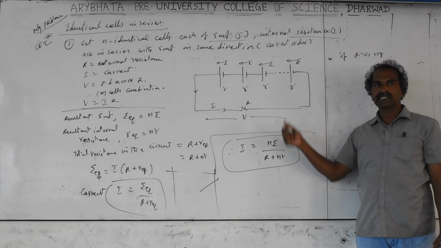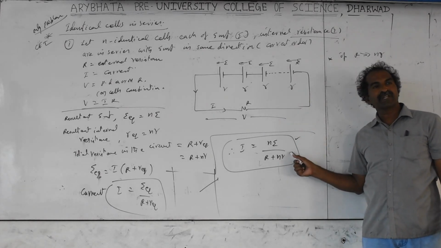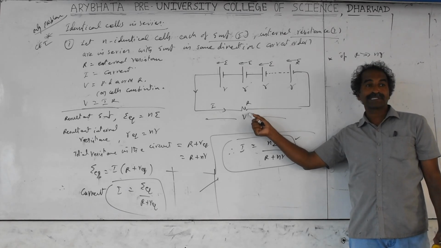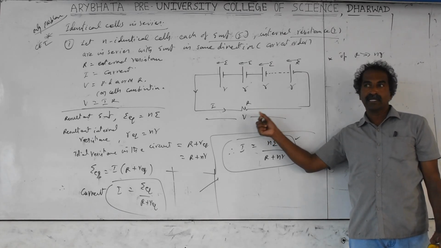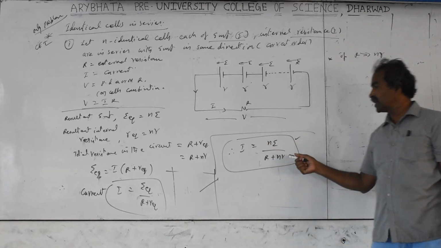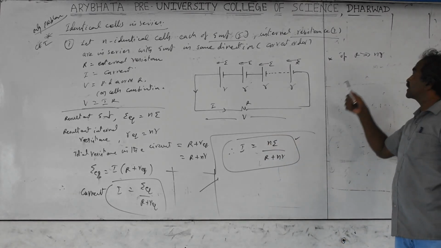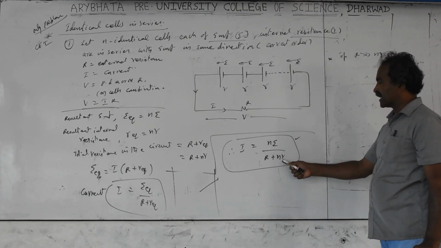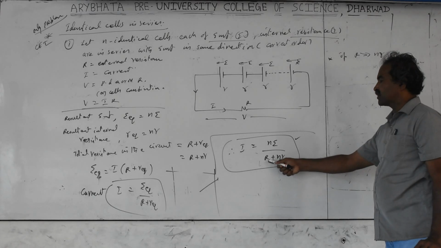For example, with 2 cells, nr will be very small compared to the outside resistance, say 1 kilo ohm or 2 kilo ohms, or a bulb filament with very high resistance. So the external resistance is very large compared to the internal resistance. In such a case, capital R is much greater than nr, so you can neglect nr compared to R.